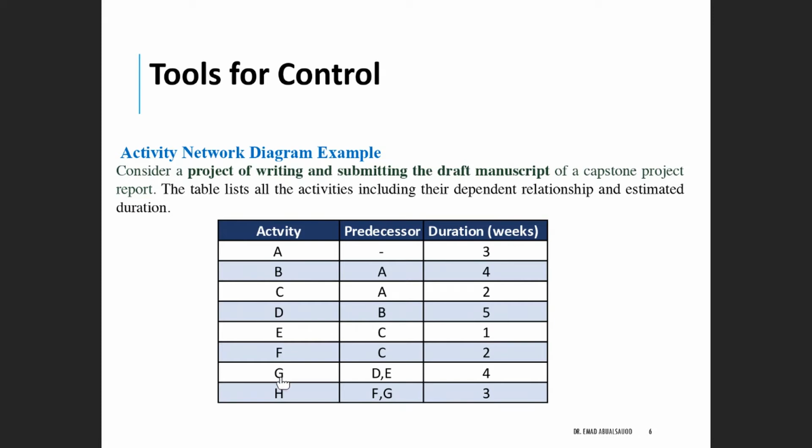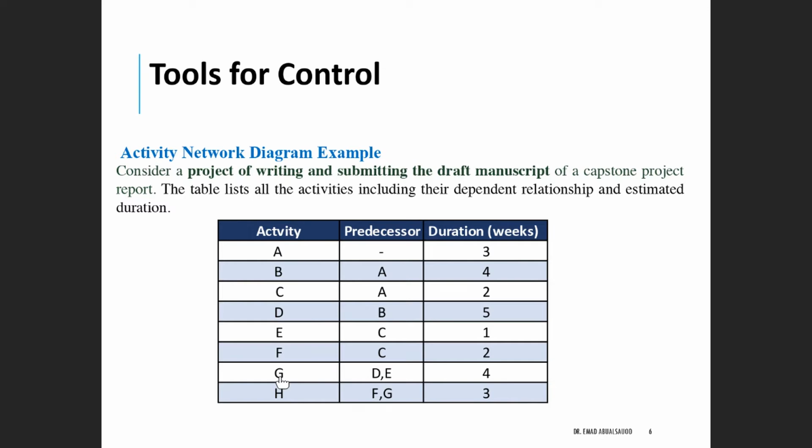When you see an activity like G that has 2 activities listed next to it, that means those 2 activities need to be completed before you can start activity G. This is similar to when we talked about the course IE 203, when that course has a prerequisite, which is statistics, I believe, and engineering design.